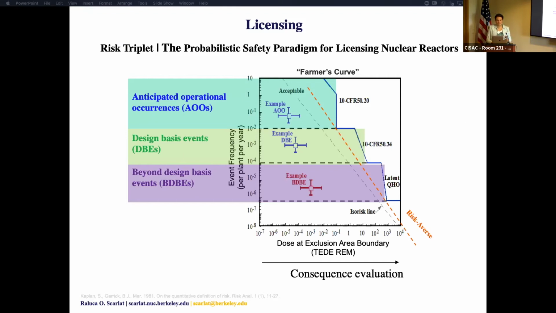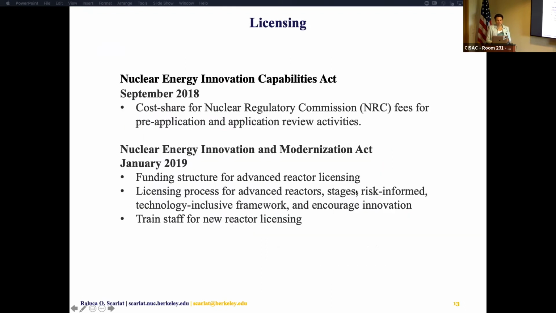And so this request of the Act to integrate risk-informed licensing into its licensing process is very important to encouraging innovation, because it does not rely on prior experience. It relies on engineering data and our current understanding of the technology.